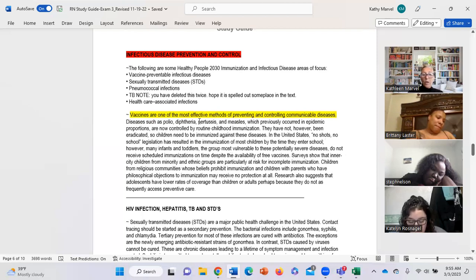So there are a couple of questions in the exam about vaccines. Not the timetable of when they're due and all that. It's more about who do we need to watch out for? Who are the vulnerable populations that may be less likely to be vaccinated? And this paragraph goes through this. Okay.